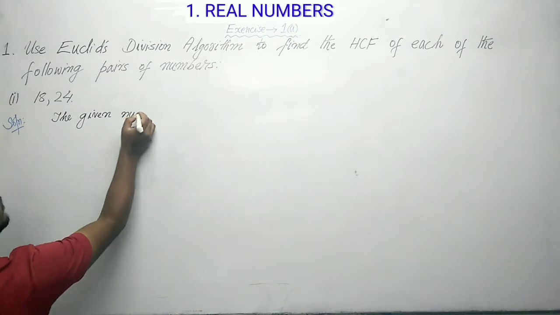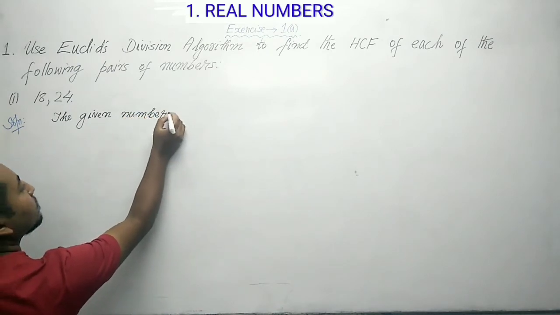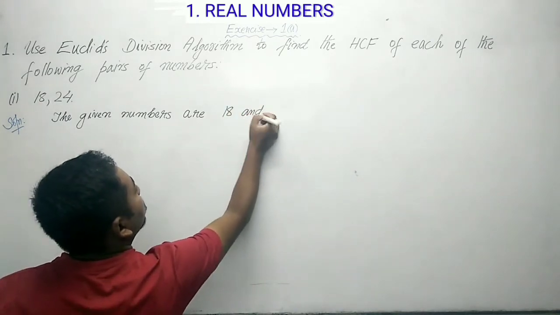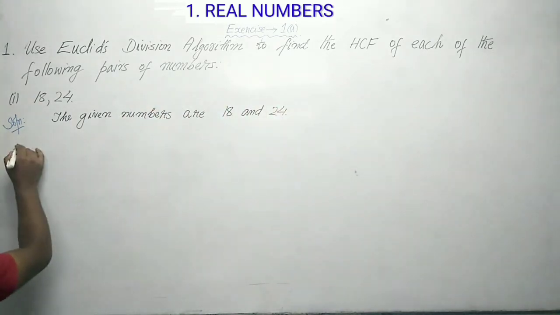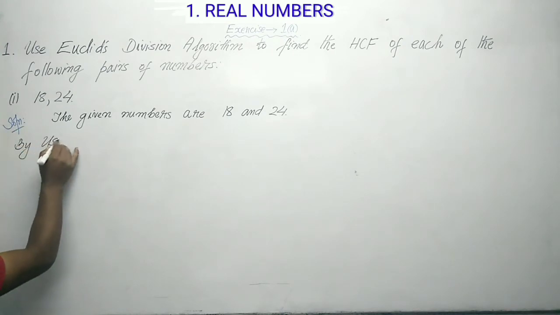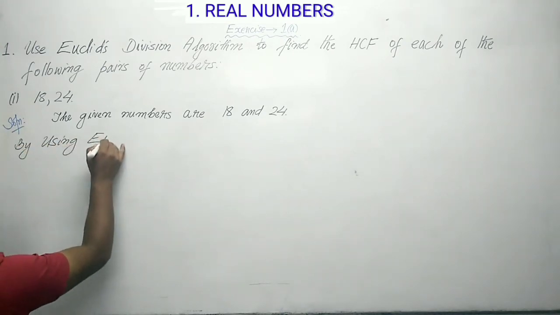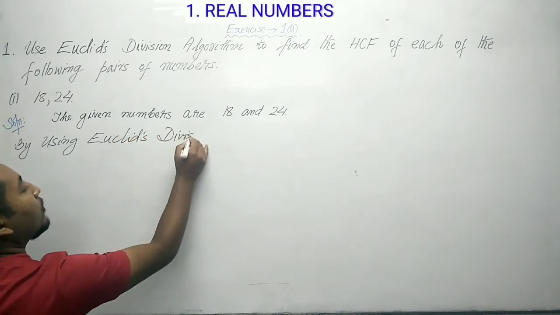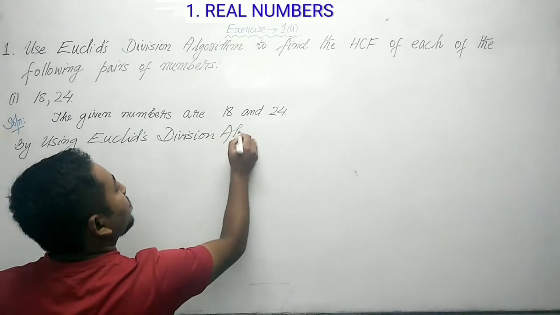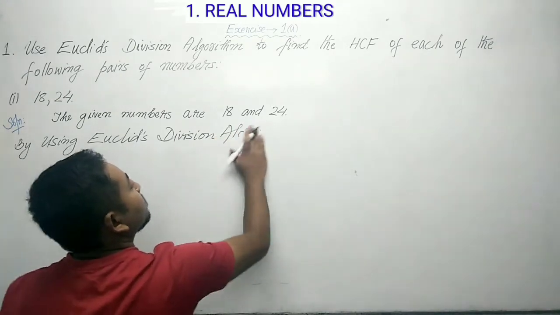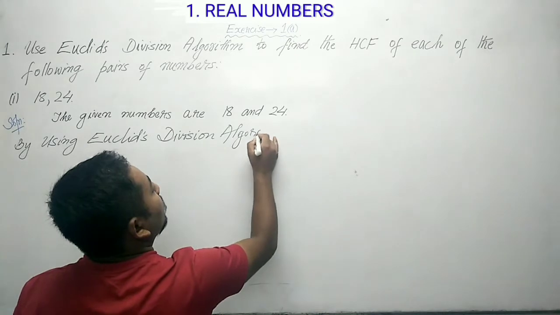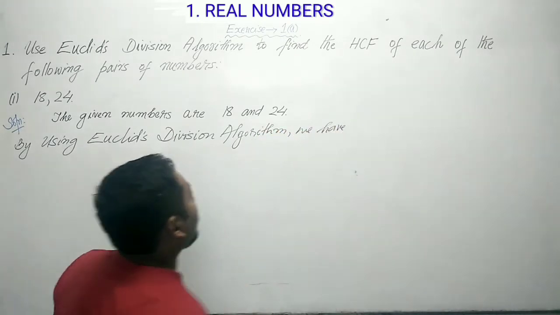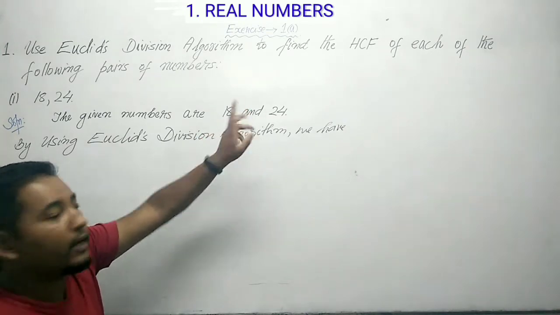The given numbers are 18 and 24. By using Euclid's division algorithm, we have, between these two numbers, which is bigger? 24.